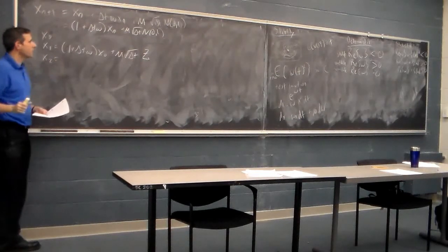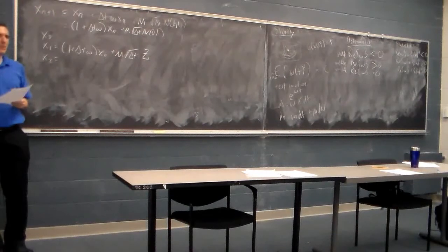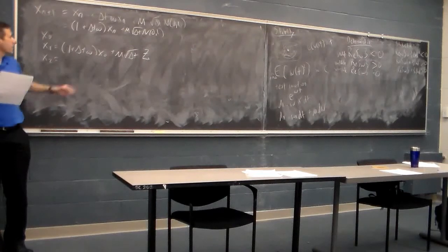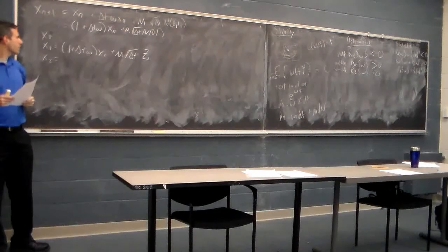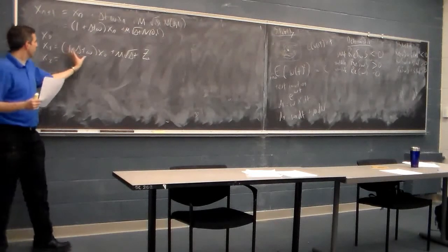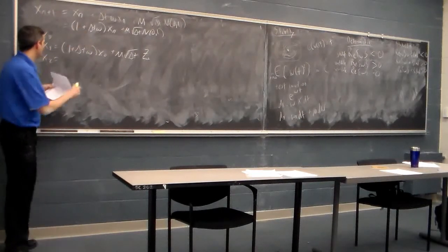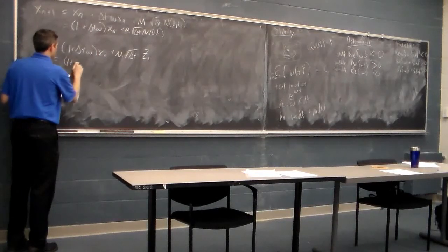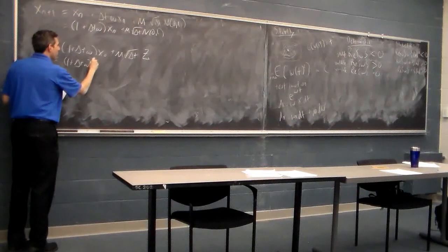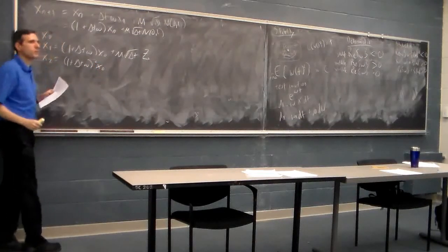All right, so then what is x sub 2? What is that going to look like? We're just plugging this thing into this equation here. So we take this term times this, and we're going to get 1 plus delta t omega squared times x0.